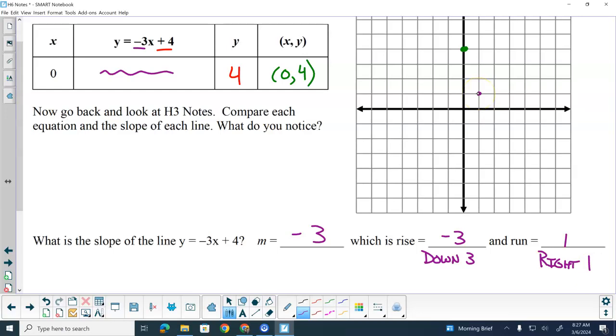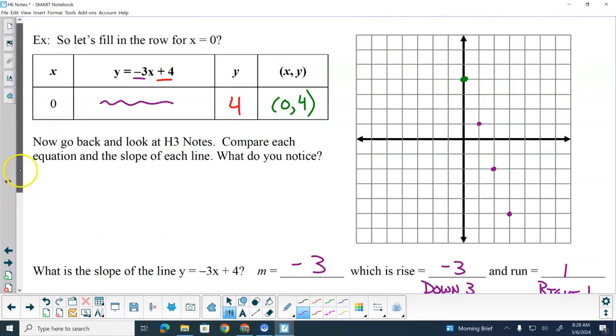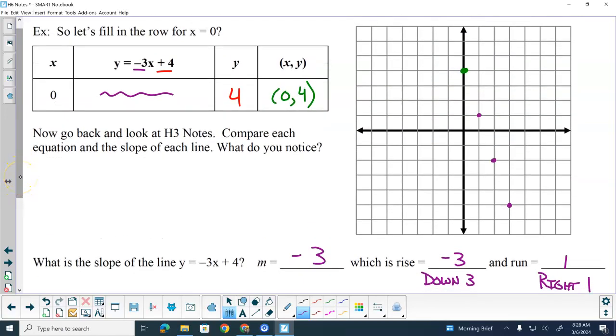Put a dot. 1, 2, 3, right 1. Put a dot. Can't go any further on that one. Can go up 3, 1, 2, 3, and left 1. Put a dot. There we go.